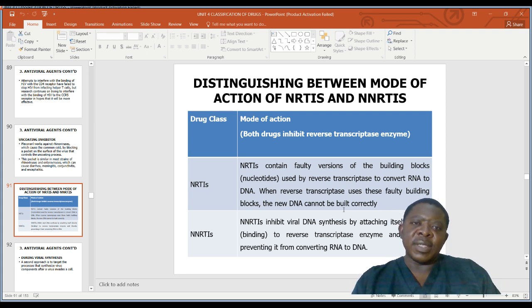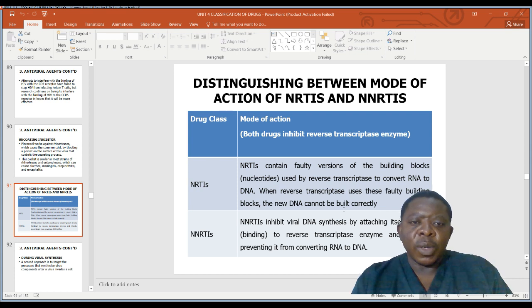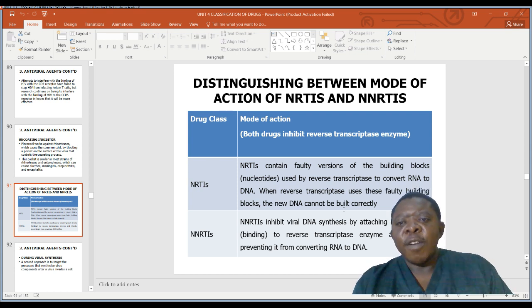So we have what we call nucleoside reverse transcriptase inhibitors as a drug class. The mode of action of nucleoside reverse transcriptase inhibitors is that they contain faulty versions of the building blocks, that is the nucleotides, that are used by the reverse transcriptase to convert RNA to DNA.